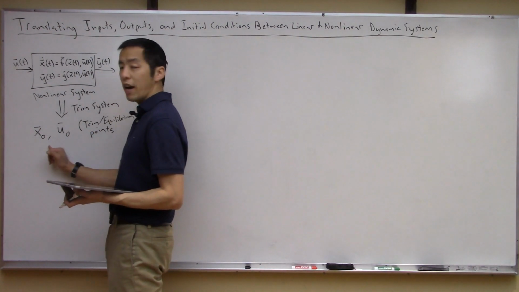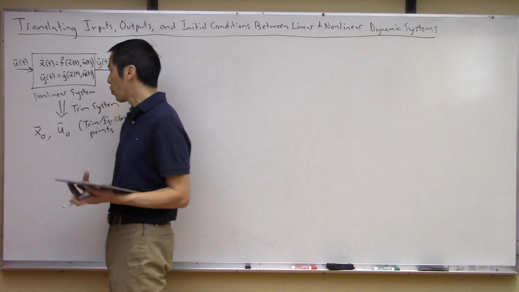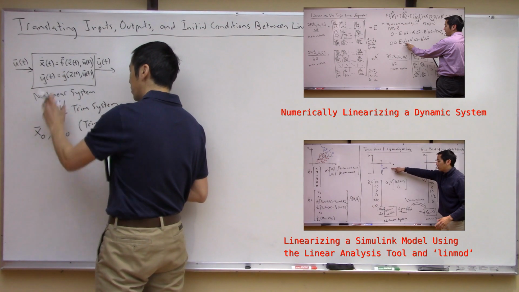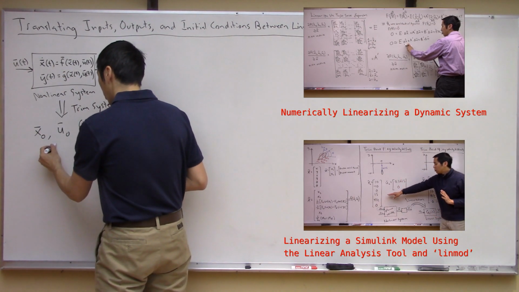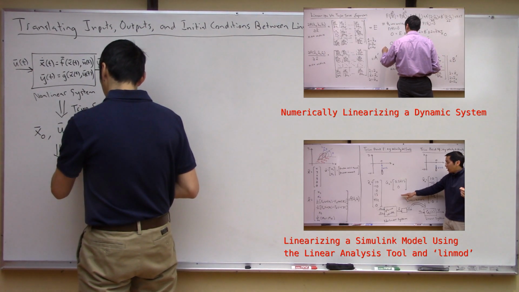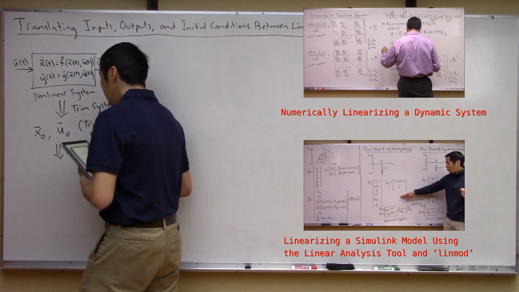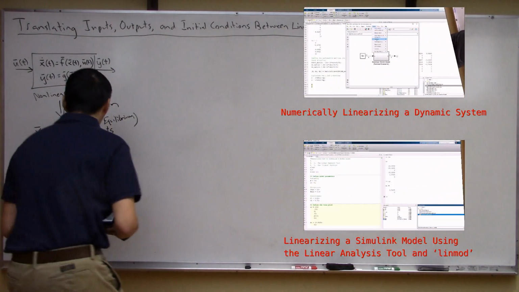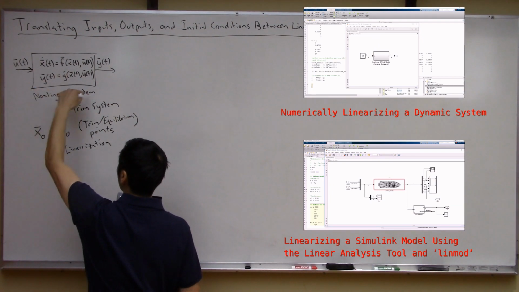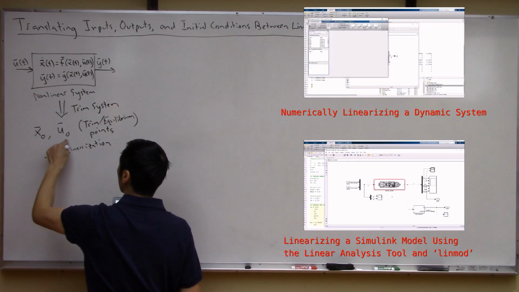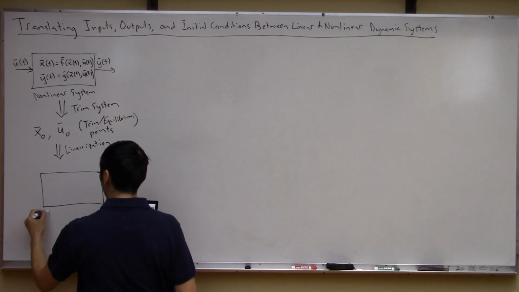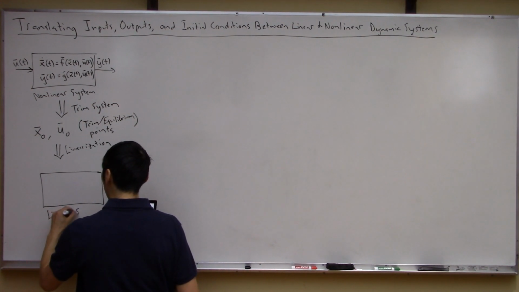So once we have this operating point, right, the next step in the workflow was then, okay, we want to now linearize this nonlinear system about this trim point, right? So the next step was the linearization process. Okay, now the idea with the linearization process, the entire goal was we wanted to end up with an approximation of this nonlinear system around this trim point, and that is going to be what is referred to as typically your linear system, right?